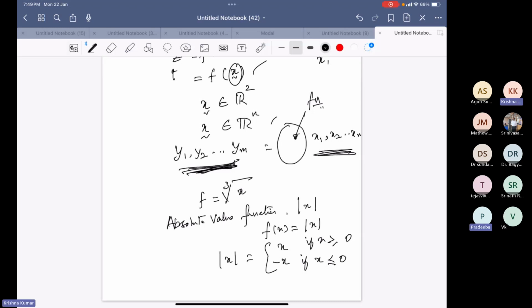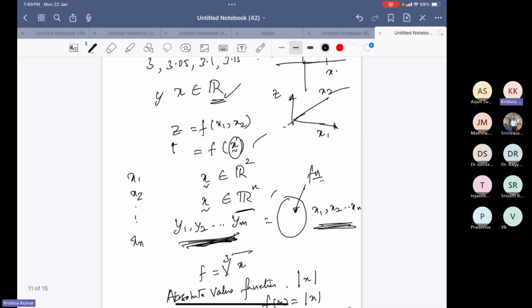Just a small clarification. This R power n, is it a dimension or the number of elements you are referring to? That is the dimension, which is also the number of elements. So x1, x2 up to xn. It's the dimension of the space, the dimension of my domain.